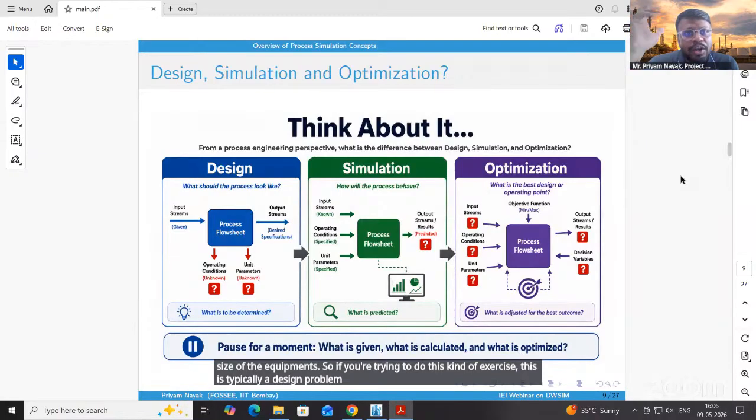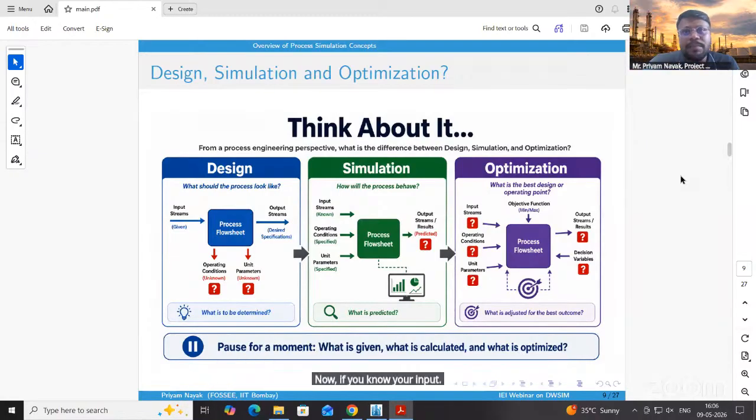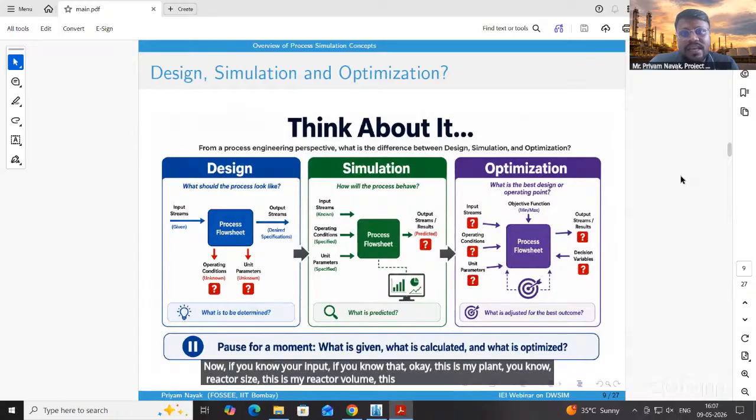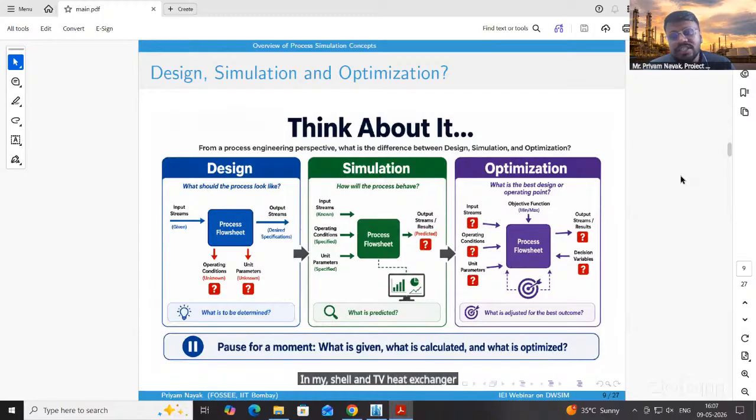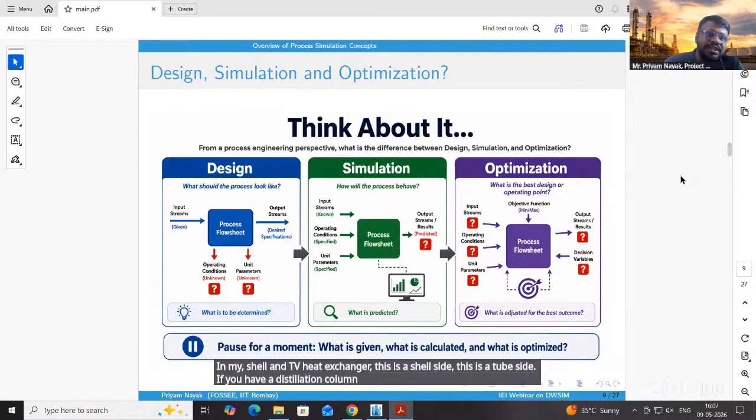Now, if you know your input, if you know this is my reactor size, this is my reactor volume, this is my reactor length, this is my heat exchanger type, if it is a shell and tube heat exchanger, these are the number of tubes, this is the shell side, this is the tube side. If you have a distillation column, this is my number of stages, or this is the packing that I'm using.